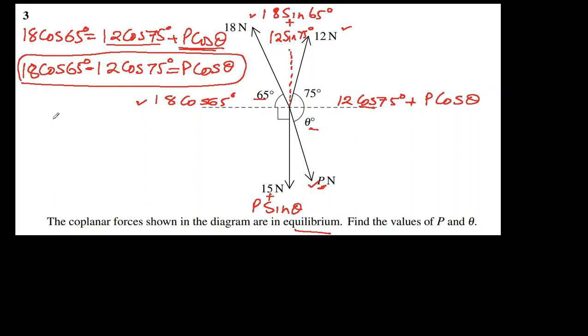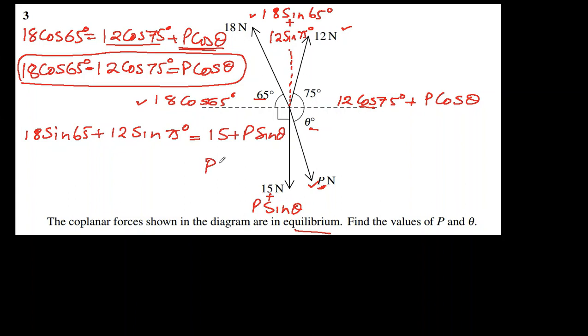Similarly, I'll do the same process for vertical forces. We have two forces on top, which are 18 sine 65 and 12 sine 75 degrees. They will be equal to 15 plus P sine theta.